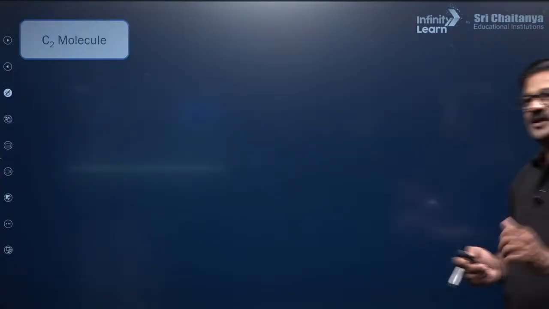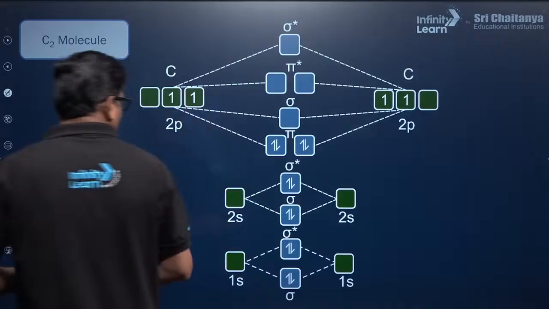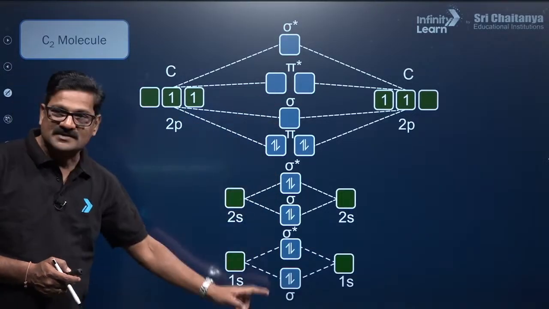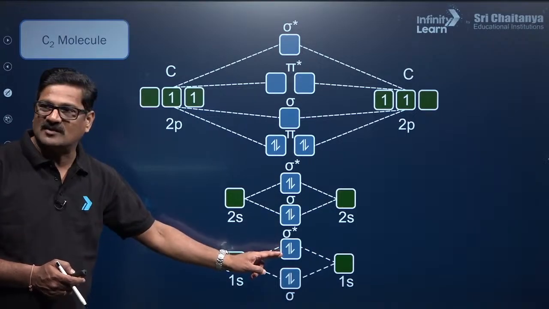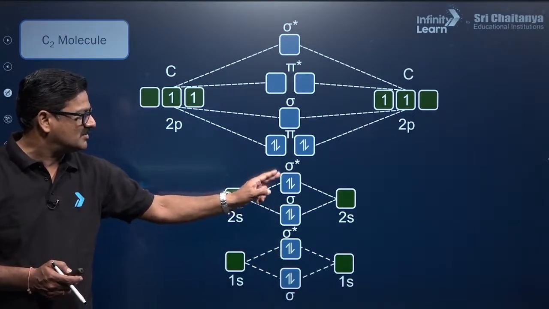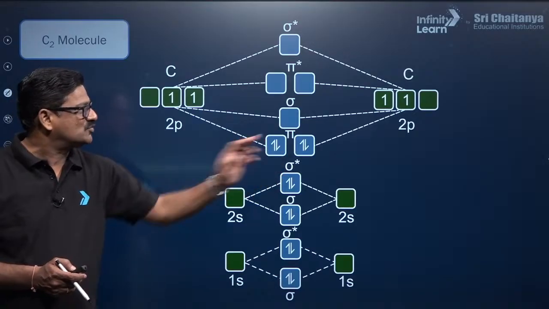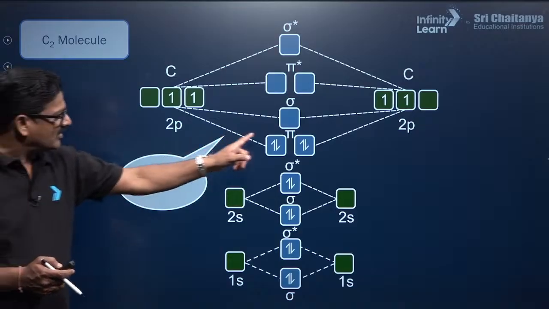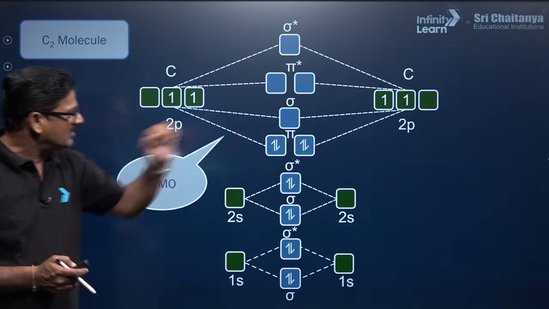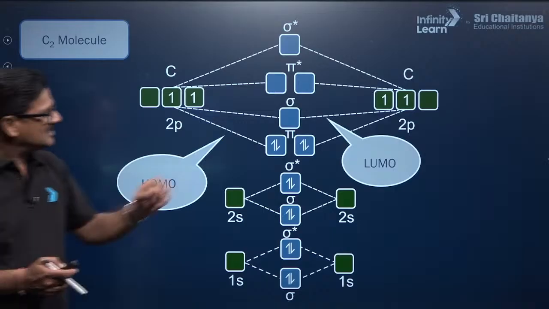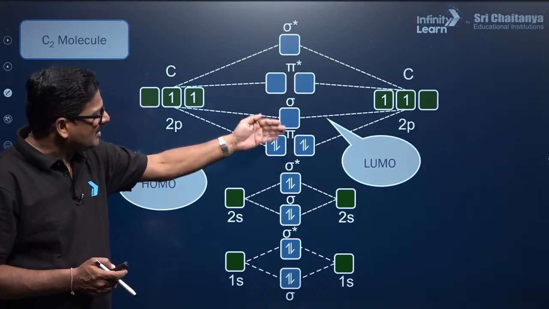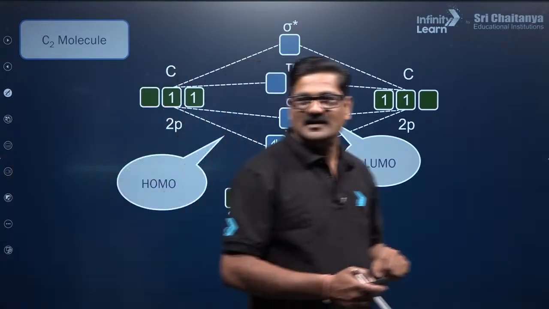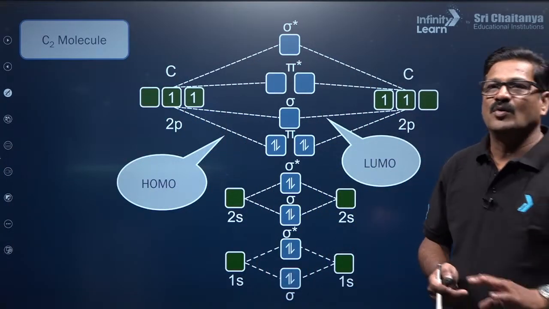Take the C2 molecule. You can identify some orbitals here: sigma 1s2, sigma star 1s2, sigma 2s2, sigma star 2s2, pi 2px2, pi 2py2. Among these molecular orbitals, this one is the highest occupied molecular orbital, and the lowest is the one called LUMO.